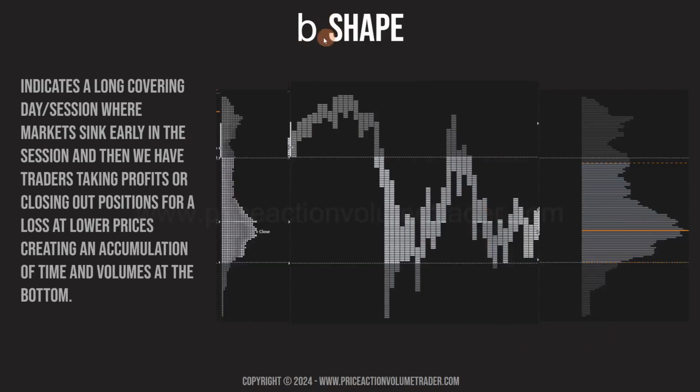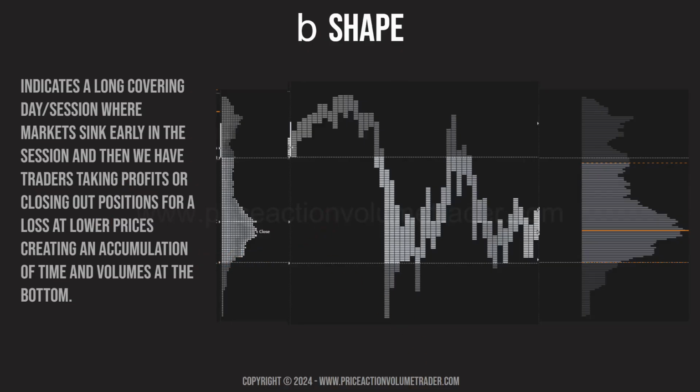And the opposite is going to be the B-shaped profile, which is a long covering day or session where markets sink early in the session, and then we have traders taking profits or closing out positions for a loss at lower prices, creating an accumulation of time and volumes at the bottom.